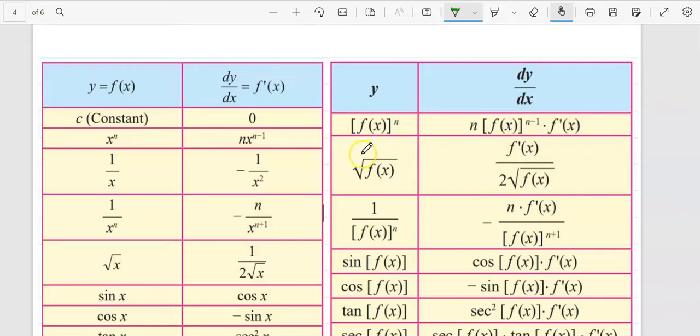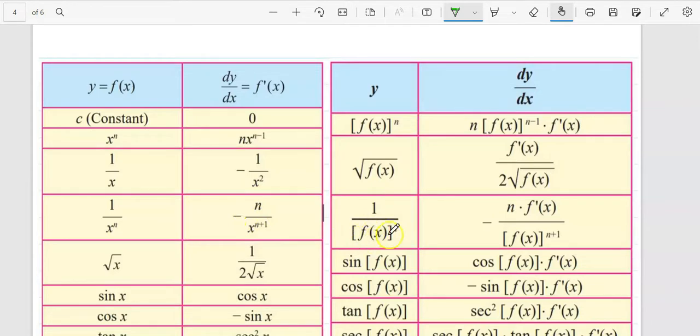Okay. आता सर्व तुम्हाला कंपोजिट फंक्शन असणार आहे. ही प्रिलिमिनरी लिस्ट आहे. आपल्याला या लिस्ट कडनंच इथेच आपल्याला हीच फॉर्म्युले जास्त इम्पॉर्टंट असणार आहे. डेरिव्हेटिव्ह ऑफ द रूट ऑफ एक्स is, derivative of root x is 1 upon 2 times root x. Similarly, derivative of root of f of x is 1 upon 2 times root f of x, but here one more term is there, that into f dash of x. Okay. Derivative of 1 upon f of x raised to n: इथे 1 upon x raised to n होता बघा, its derivative is minus n upon x raised to n plus 1.